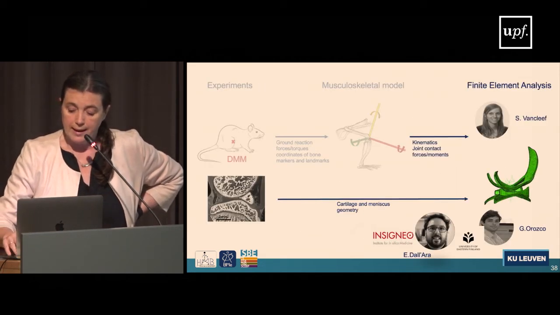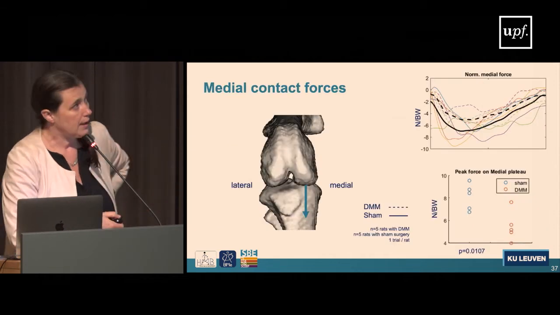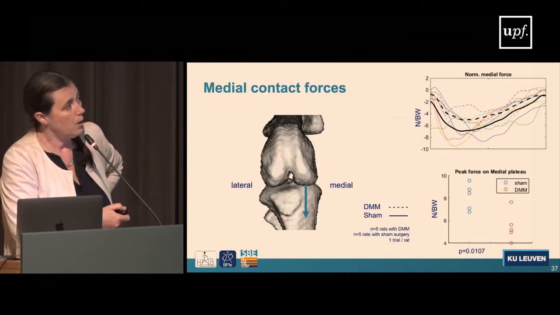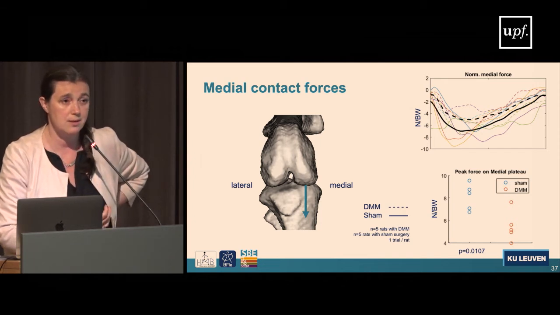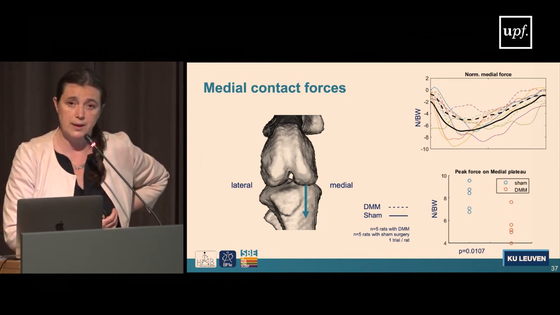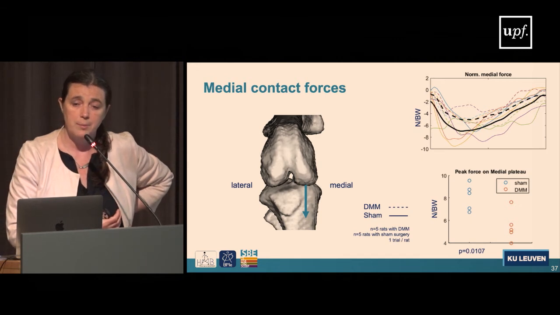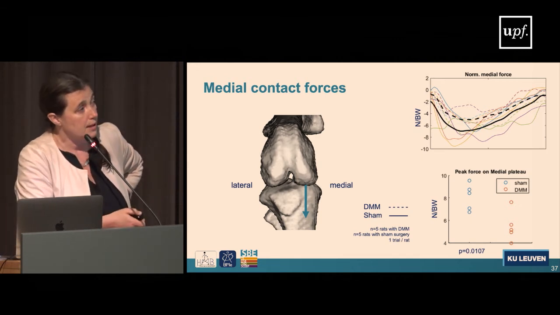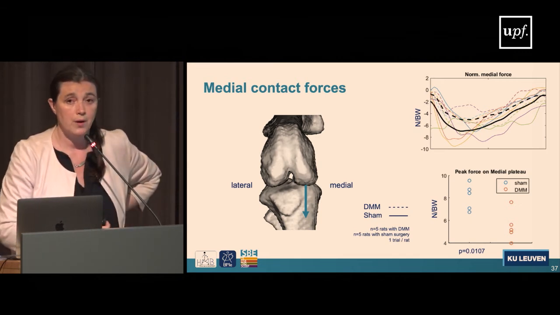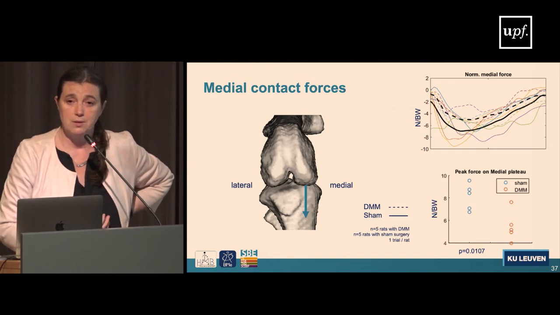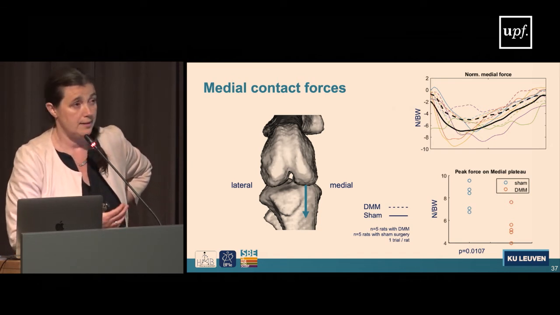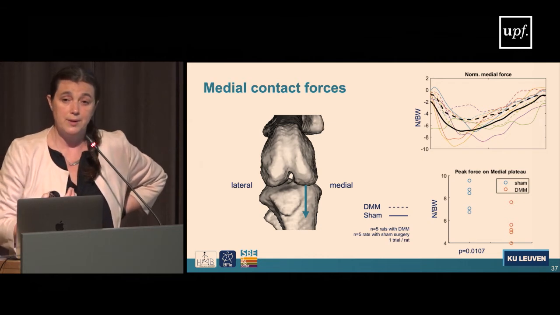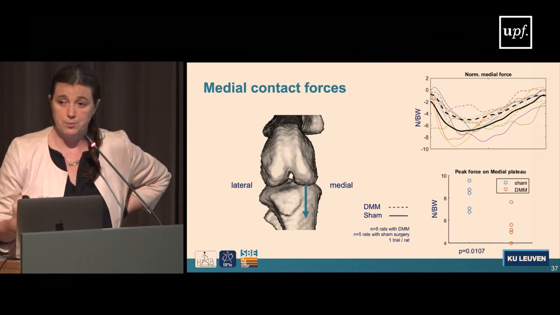So looking at the medial compartment loading in our rats, we now have the impression that destabilization of the medial meniscus is not overloading the medial compartment, but in contrast, there is in our data at the moment an underloading of the medial compartment, which is interesting because everyone thinks that the destabilization will lead to overloading of the medial compartment.